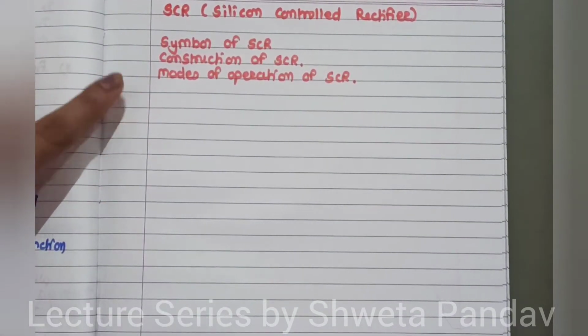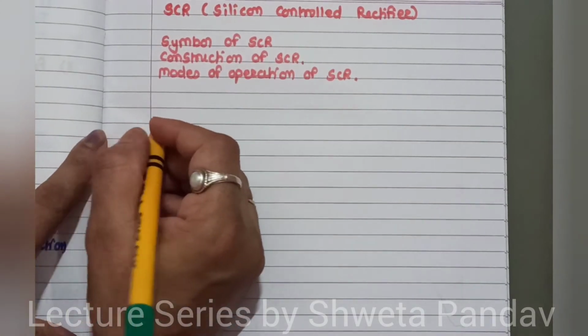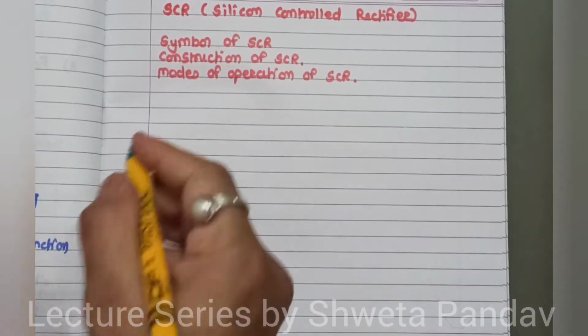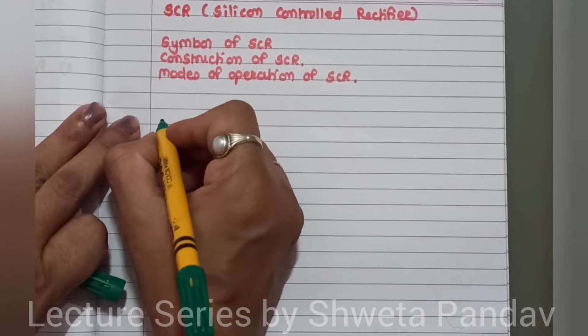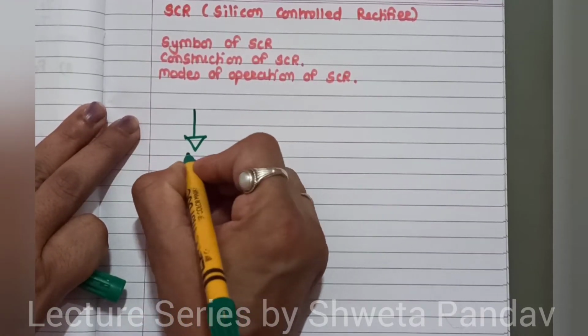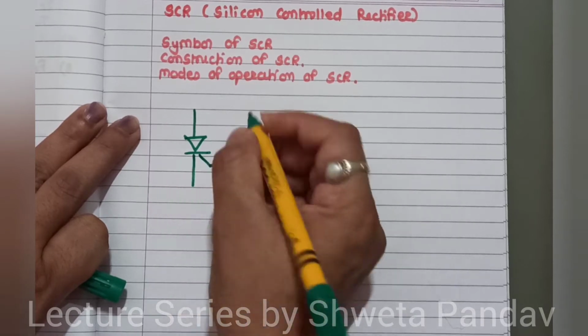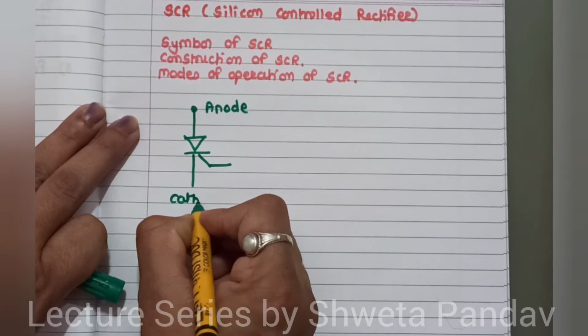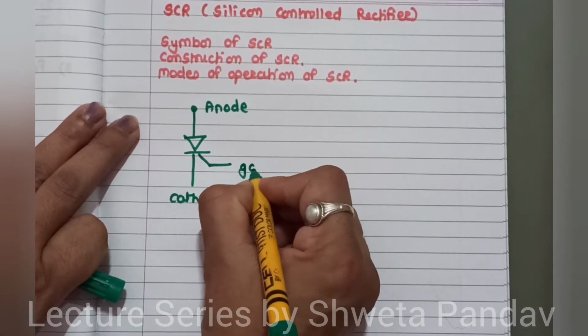Now let us draw the symbol of SCR. It is a 4 layer device. This is the symbol of SCR. It has 3 terminals: anode, cathode and gate.